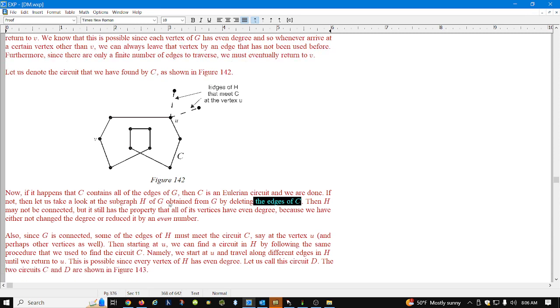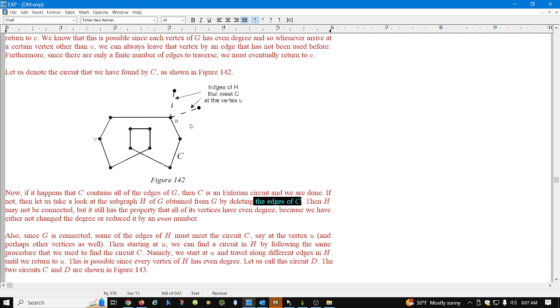Now, since G is a connected graph, and we're assuming that, some of the edges of H, the remaining edges, after we pulled out the edges of C, some of those edges must meet the circuit C somewhere. Otherwise, C would have been in its own connected component, and there would have been other connected components.